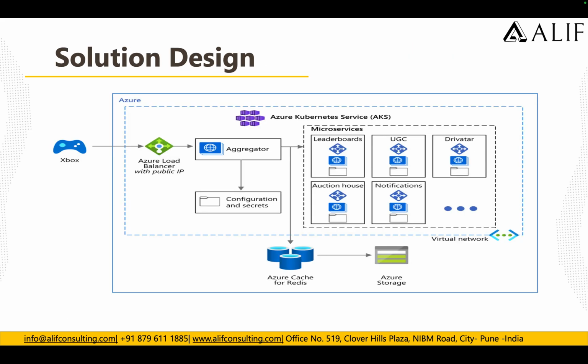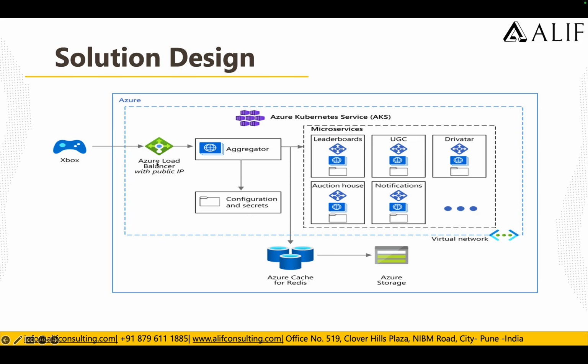So this is how the solution looks. At the back end, you can see there are multiple microservices. There is a leaderboard, UGC, a driver, an auction house, and a notification service, all hosted on the AKS. At the same time, you can see there is a Redis cache for sessions, and Azure storage to store the information.